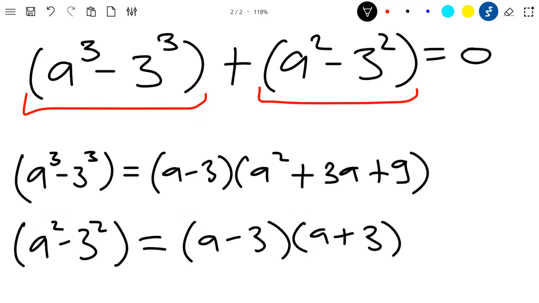Now we are just going to replace this expansion in this equation in order to find our solution a.